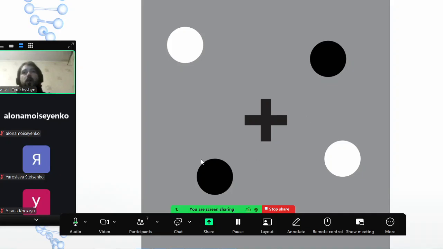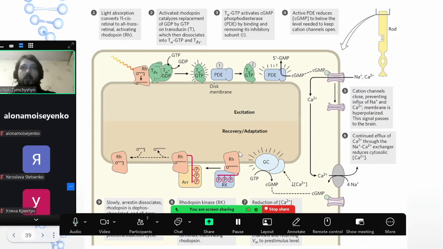The only thing I want to show you at the end of our lecture, let's do one more small experiment. You see that during all these steps we are using up some of the chemicals.